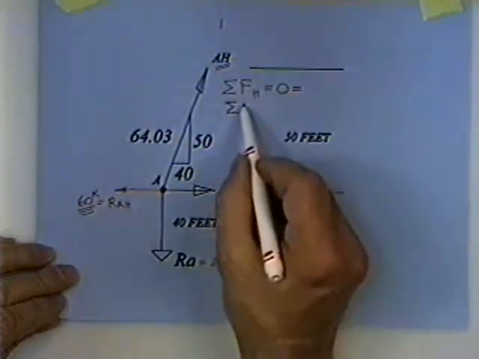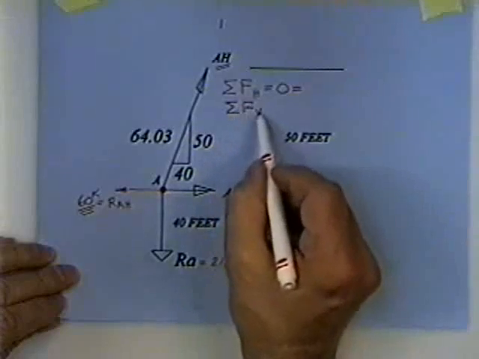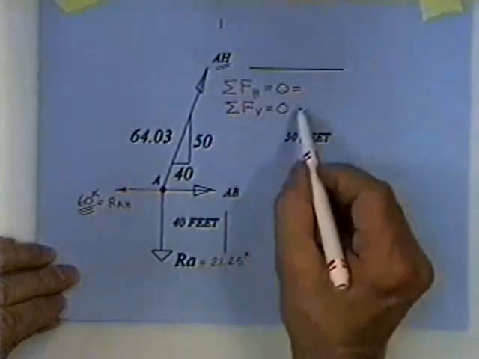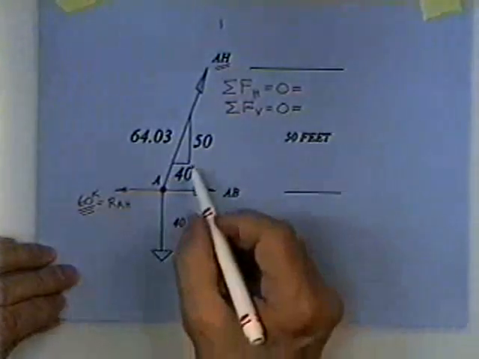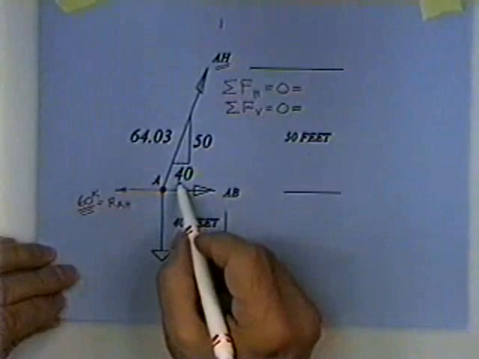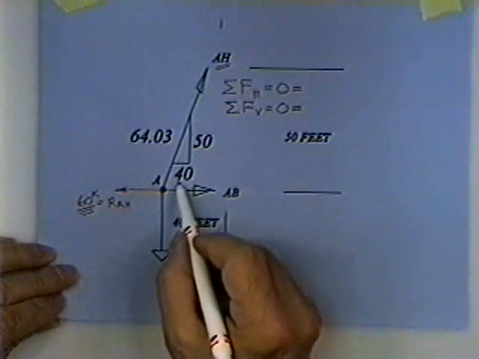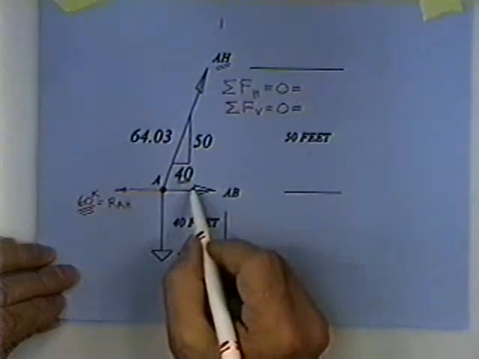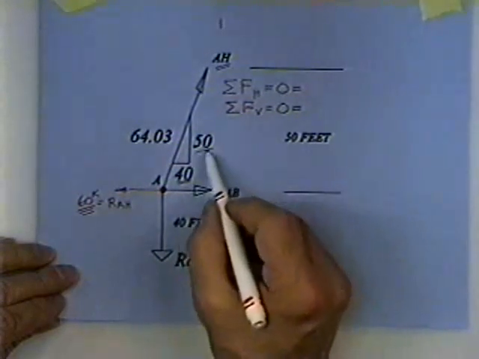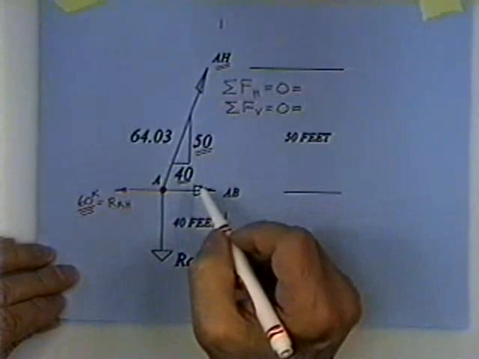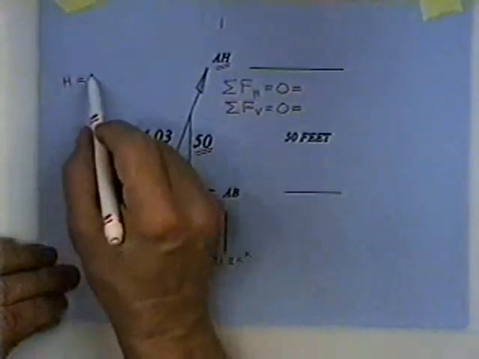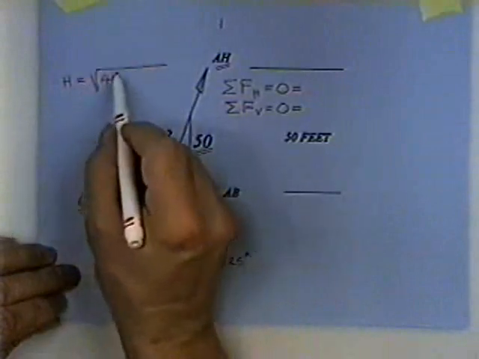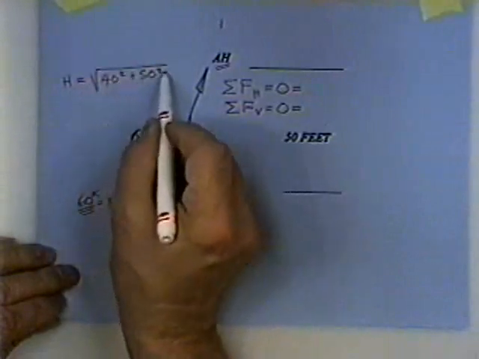I say we sum forces in the vertical direction first. Sum of the forces in the vertical direction is equal to... Now if you'll check the drawing, you'll see that member AH goes between two joints that are 40 feet apart horizontally, 50 feet apart vertically, and then you simply take the hypotenuse, which is the square root of 40 squared plus 50 squared.